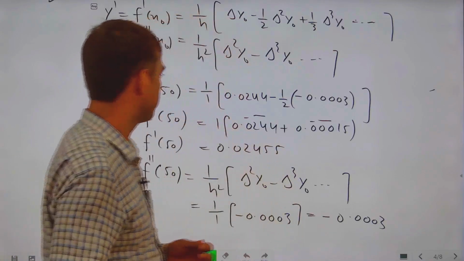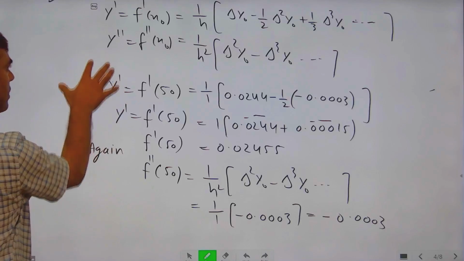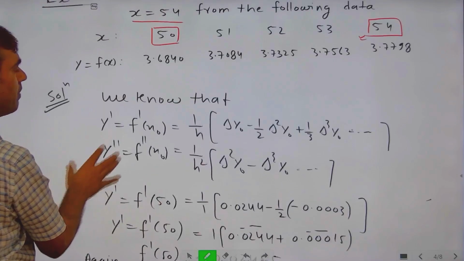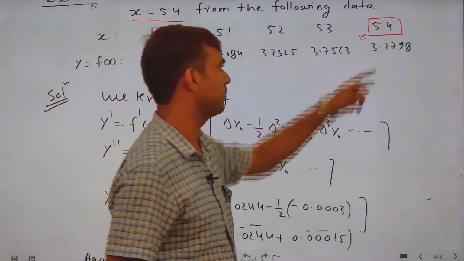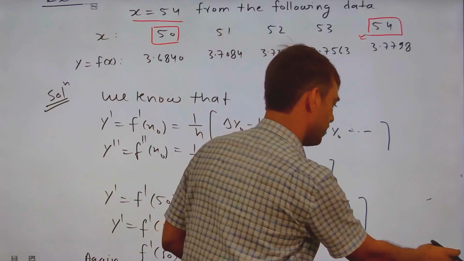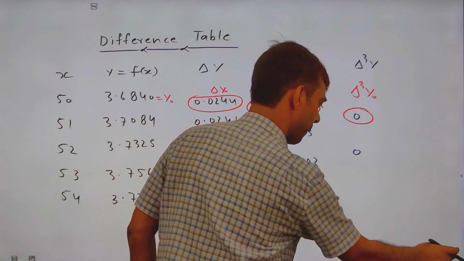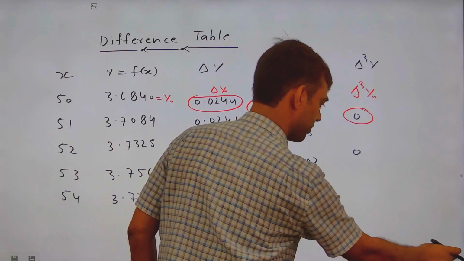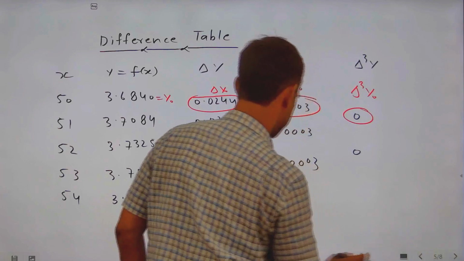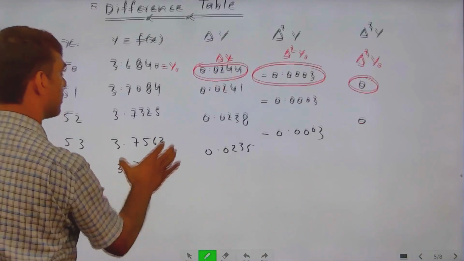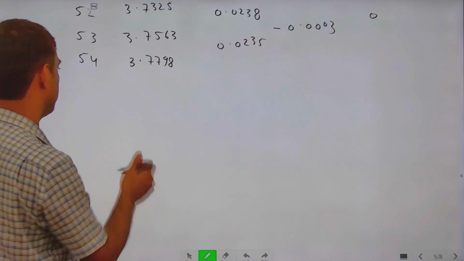And similarly, in order to find the derivative at x equal 54, we write the formula for the backward difference operator.